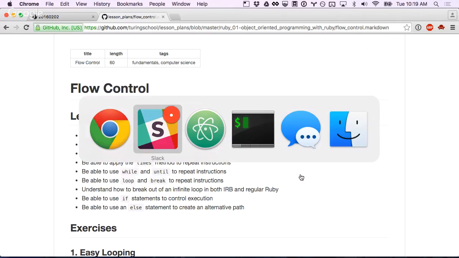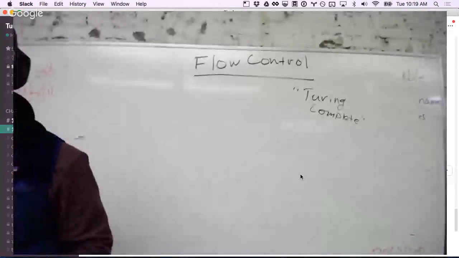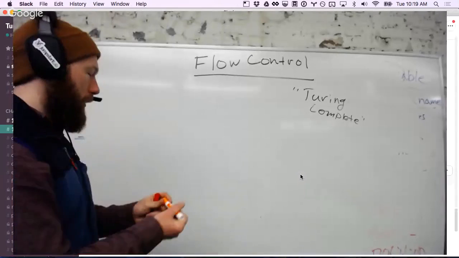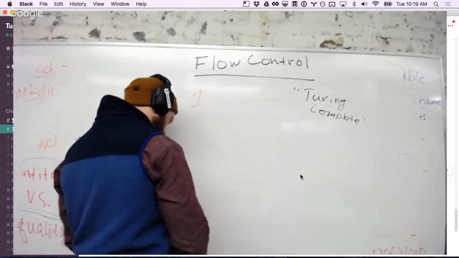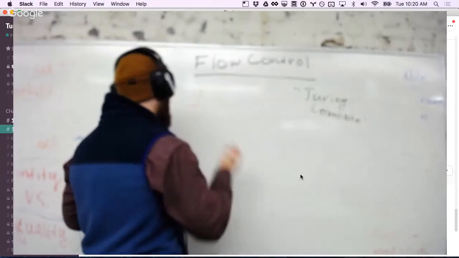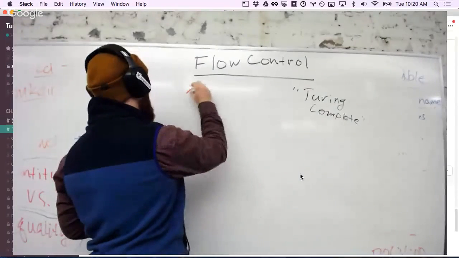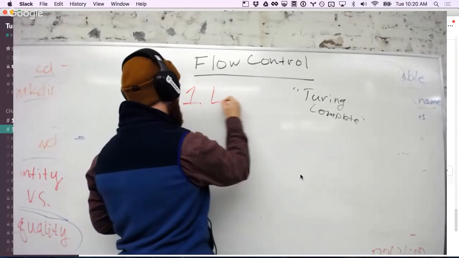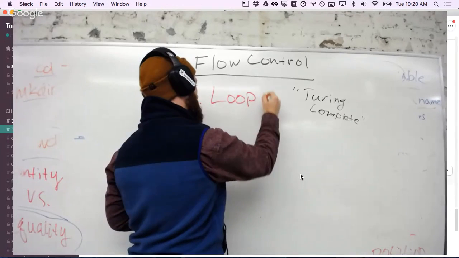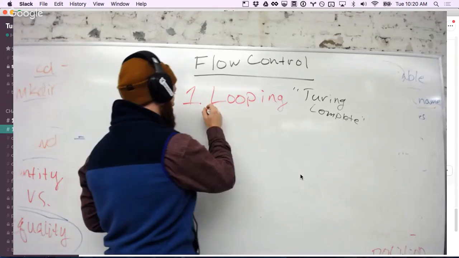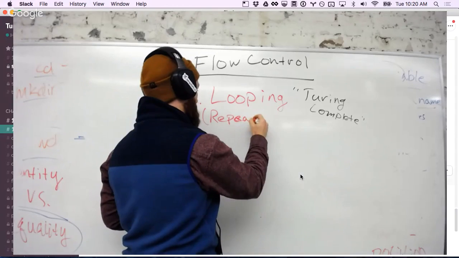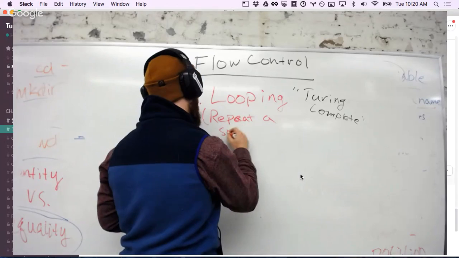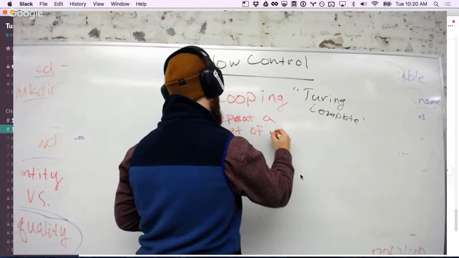Cool. Okay, so where did we leave off? We said that we've got a couple things that we need to care about, and the two things that we really care about are: one, looping. We need the ability to repeat a set of instructions.